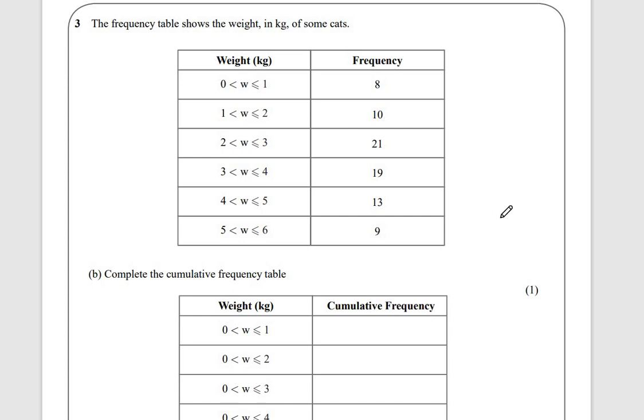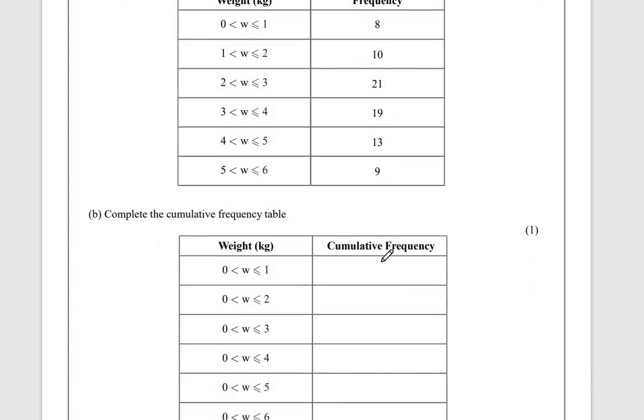So first of all, from the frequency, we need to make another column for cumulative frequency, and we need to find out what they are. So we start off with 8, the first frequency here, and then the next cumulative frequency is going to be 8 plus 10, 18.